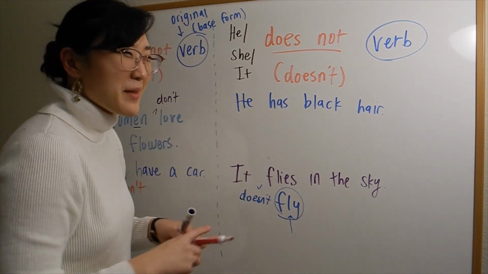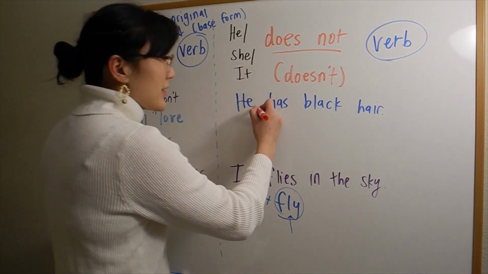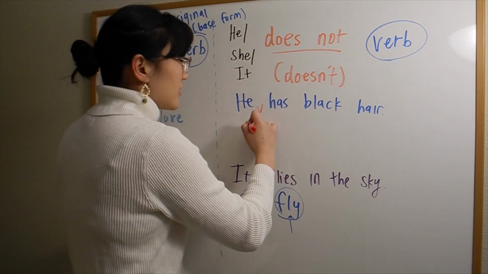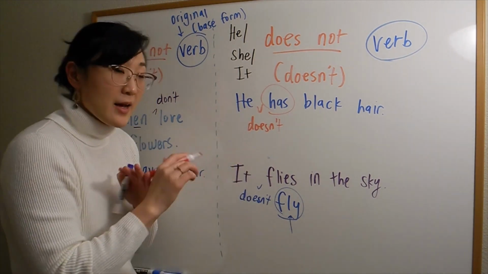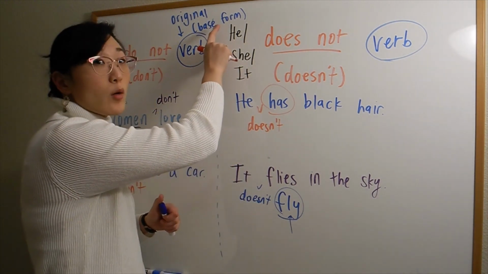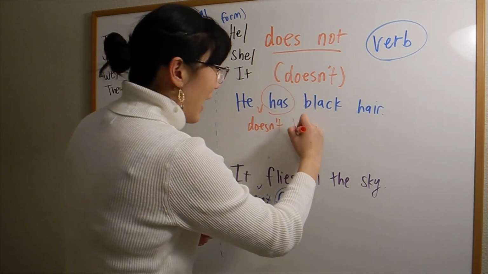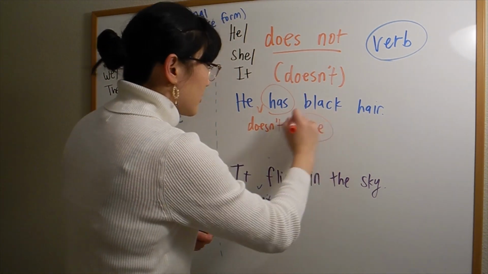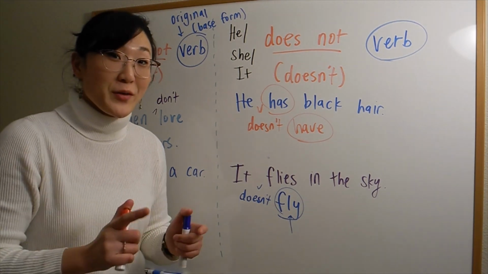And I look at him, I'm like, no, he has blonde hair, right? So I need my negative in front, which is doesn't. But this is not okay. This is not the original or the base form of the verb. You must change this to have. Always. Right? Okay. I hope you're doing okay so far.